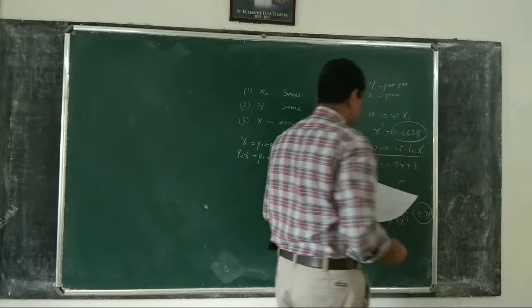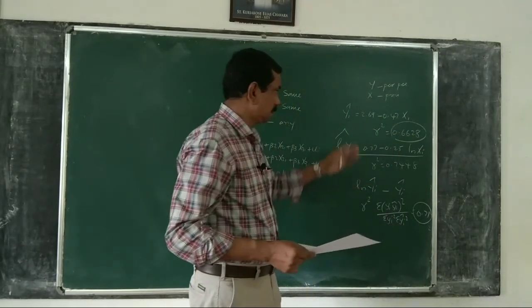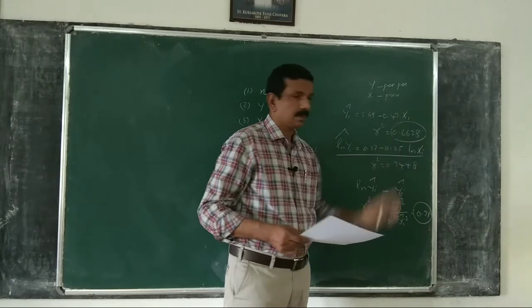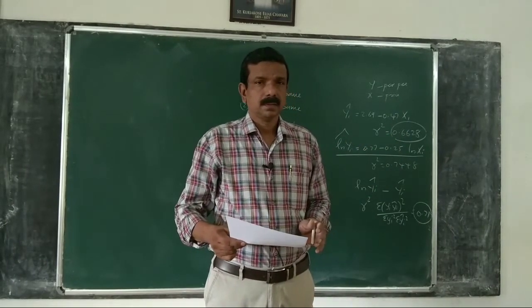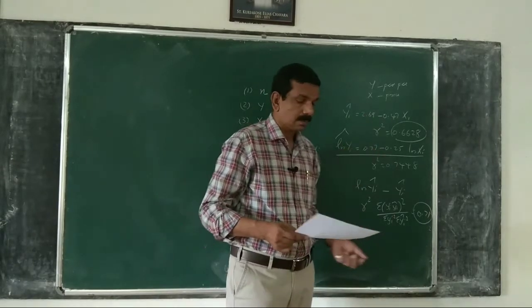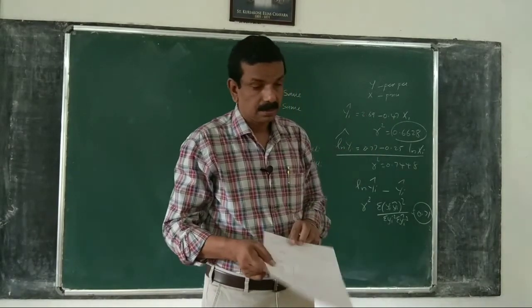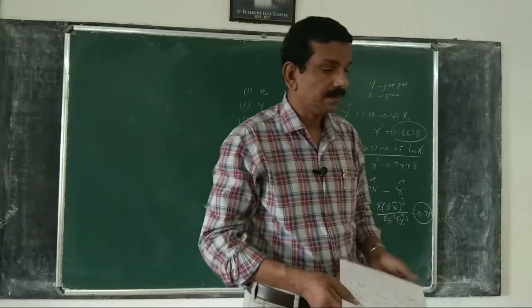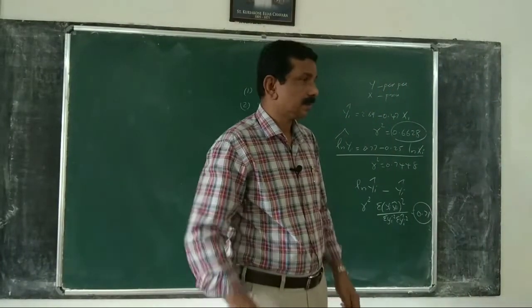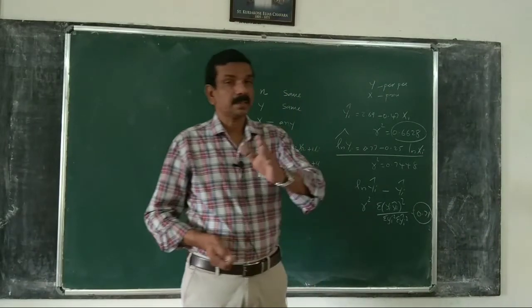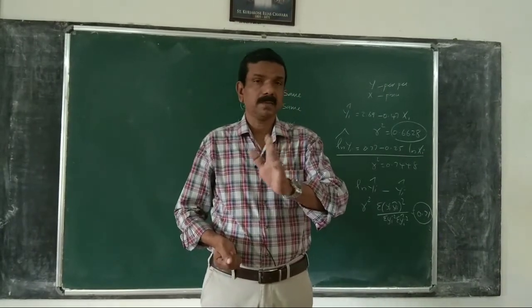So we may say that the second model is better than the first model in terms of R square. So remember this, coefficient of determination is nothing but the square of R. It is the square of the correlation between yi and y hat i.